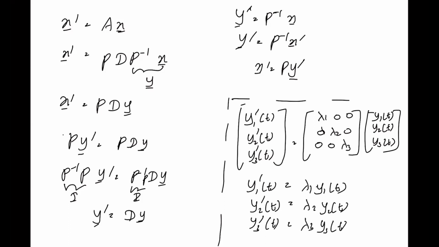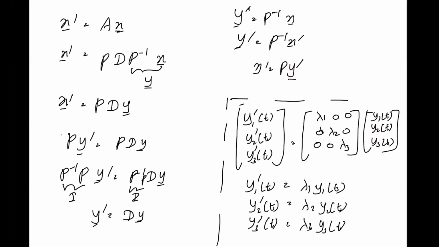So then you can easily compute, let's say, Y1T is equivalent to alpha 1 times e to the power lambda 1T. Then Y1 dash T is equivalent to lambda 1 alpha 1 e to the power lambda 1T. It is simple calculus.